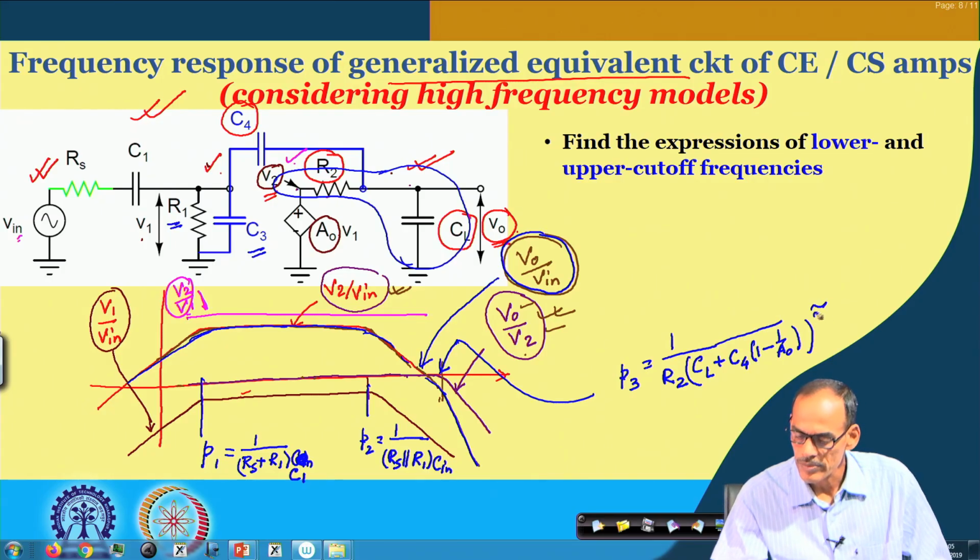For all practical purposes you may consider this is 1 by R 2 times C L plus C 4.